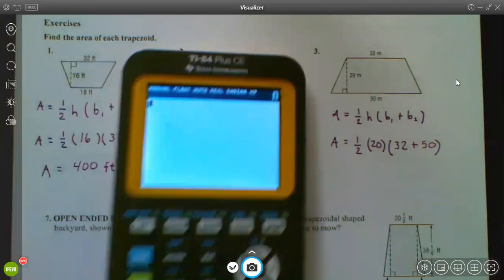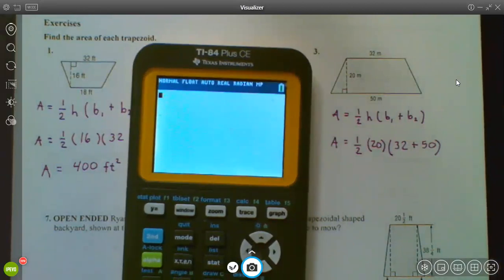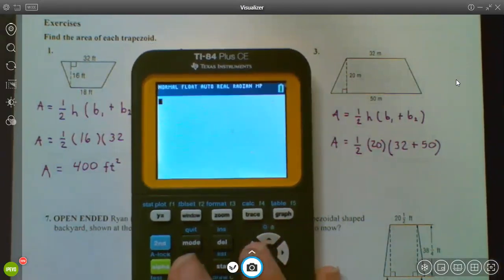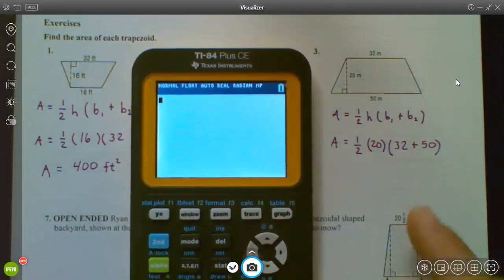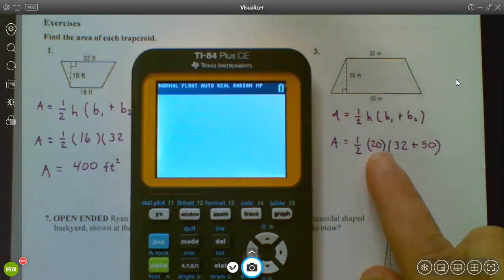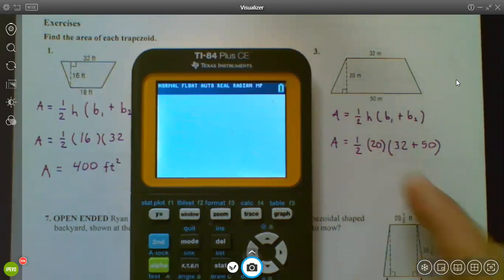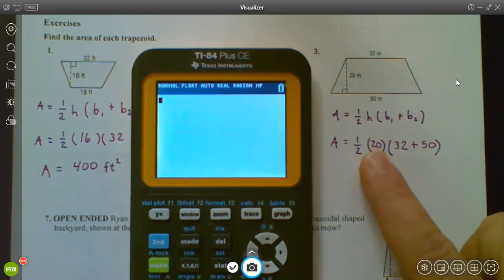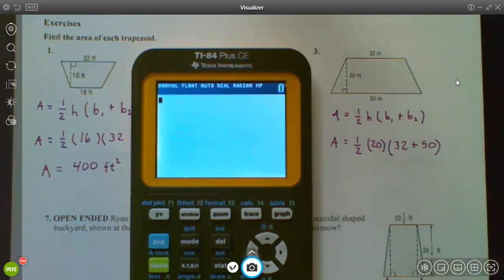So yeah, there's a couple ways you could do this if you're going calculator. Personally, what I do is I just look at this and say, well, half of 20 is 10, right? So right off the bat, if I can do a little part of it in my head, I do. That way it's less to put in the calculator, especially if I can avoid the fraction. So if this is an even number, then right off the bat, I just say half of this is whatever that number is, and then I use that number instead of the 1/2.